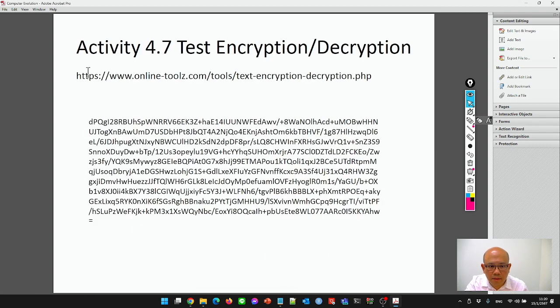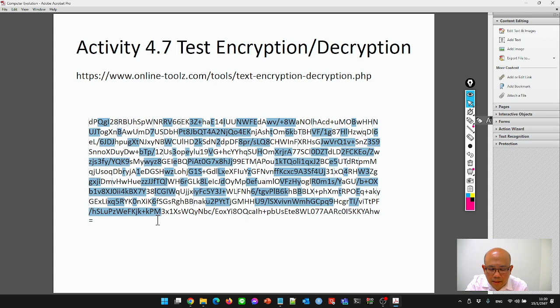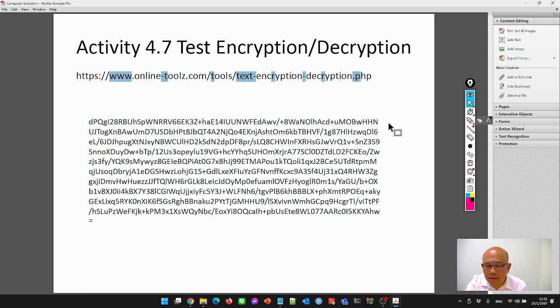Here this is activity 4.7. You can encrypt and decrypt the data. I have data here. You copy this data and put it into this website to decrypt.